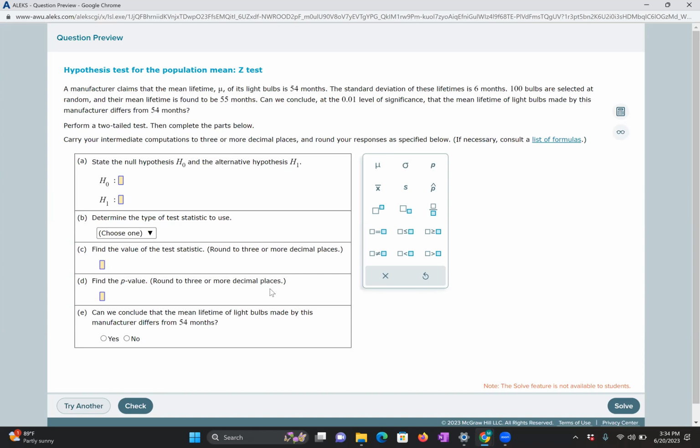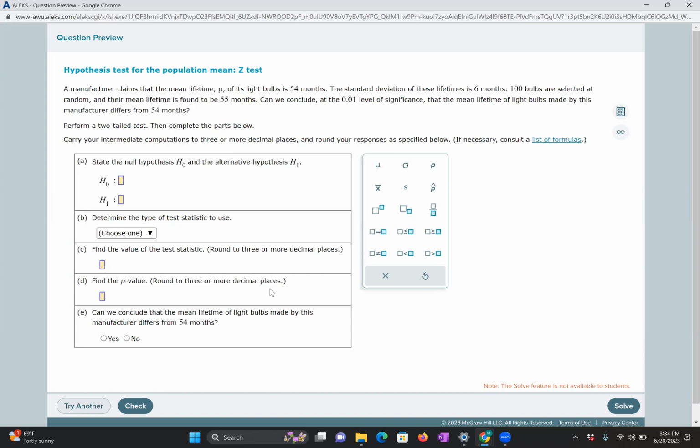All right. The claim. The word claim is very powerful in our stats class. So the manufacturer claims that the mean lifetime mu of its light bulbs is 54 months. The standard deviation is 6 months. Okay, we know that as fact. That's mu, and that's your standard deviation.